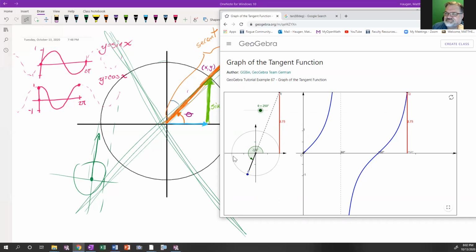The values in quadrant 3 match exactly the values in quadrant 1. From the perspective of where does this intersect, the difference between the ray being up here and the ray being down here, there's no difference between those things. Same values. If we keep going, we'd get at 270 degrees or 3 pi over 2 radians. We'd hit an undefined point again.